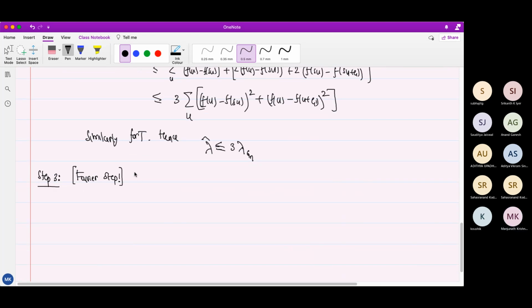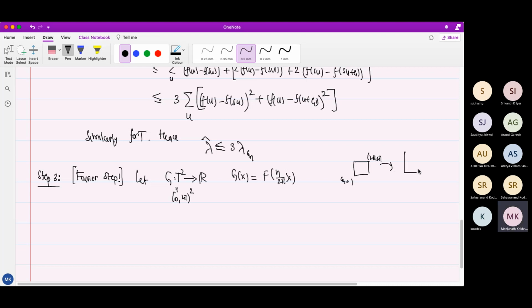So think of g of x, which you define as f of n over 2 pi x, on 0 to pi squared. I mean, there is the natural map from 0 to n to 0 to n, that's all. So I can do it like that and use Fourier expansion, that's all.